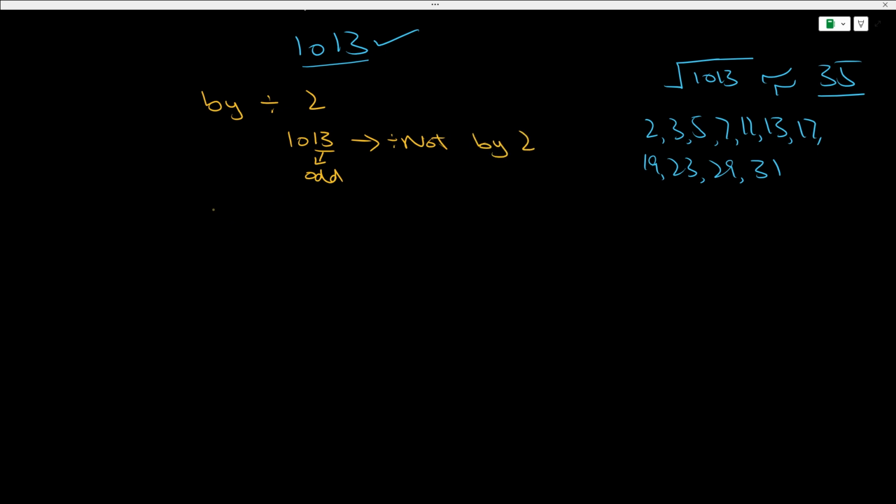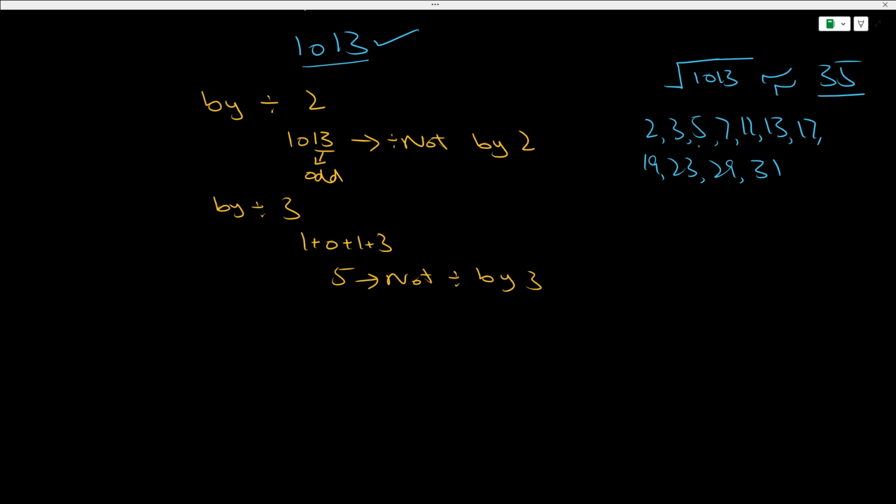The next is 3. We will add all the digits. The sum will be 5, and that's also not divisible by 3. So we say 1013 cannot be divided by 3.